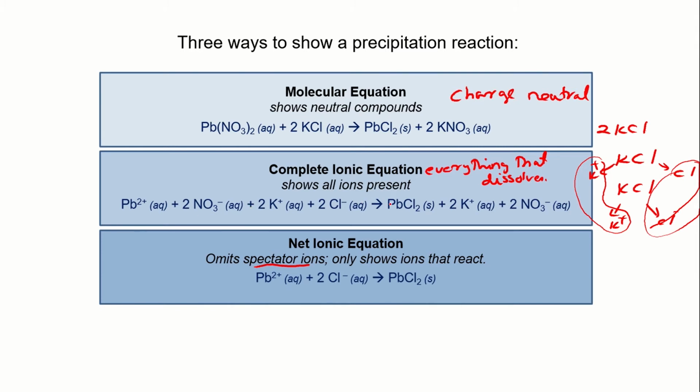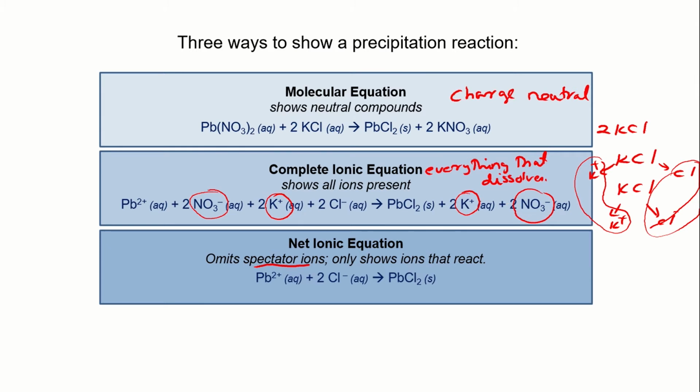Examine this equation. Who is present on both sides as an ion? You can see nitrate. Nitrate is sitting on the reactant side, and you can find nitrate sitting just like that on the product side. What else? How about potassium? You have potassium on the reactant side and then potassium on the product side. So in this particular reaction, you can see nitrates and potassium are not doing a real reaction.